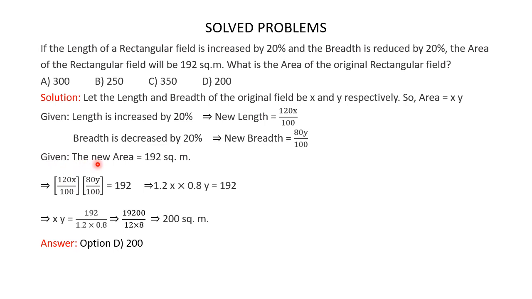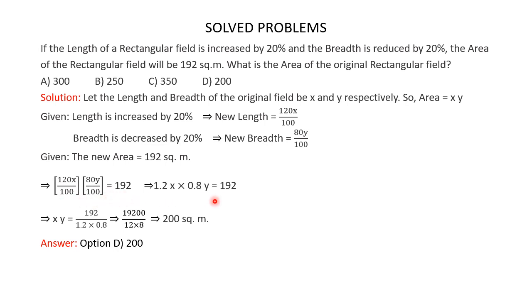It's given that the new area is 192 square meters. Now the new area of the rectangular field would be equal to the new length multiplied by new breadth. So 120x divided by 100 multiplied by 80y divided by 100 is equal to 192.